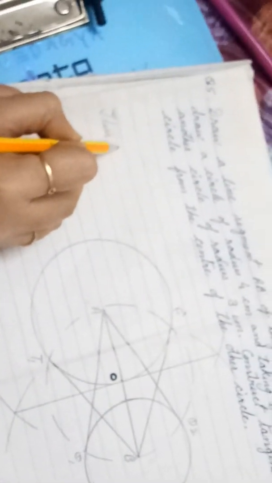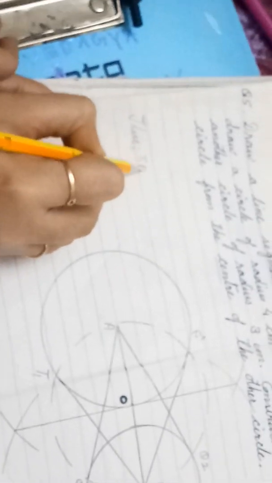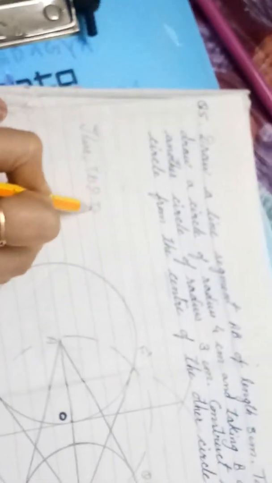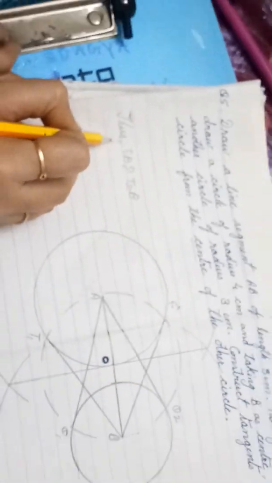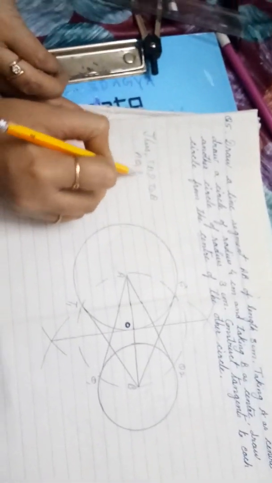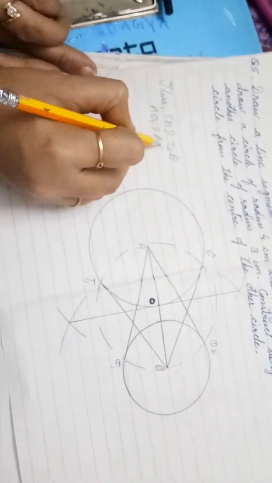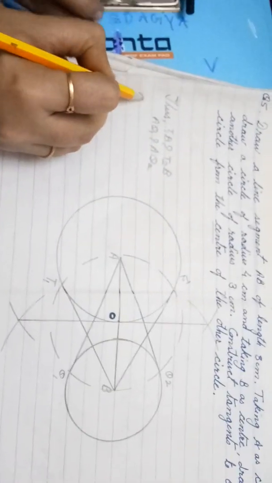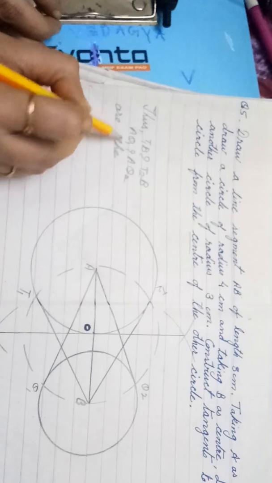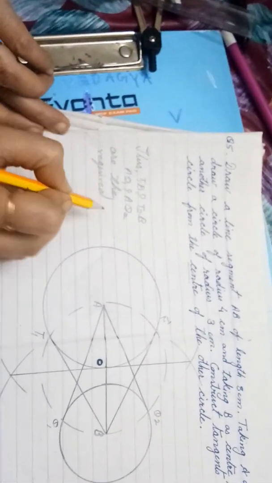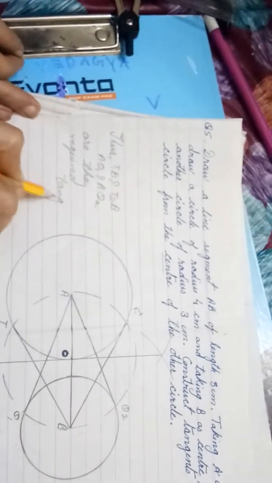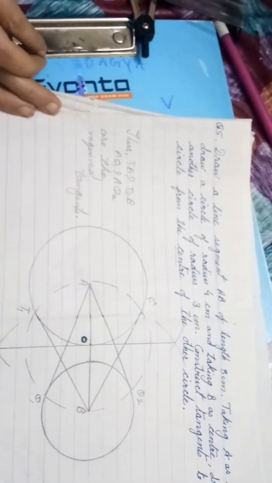Okay, so thus T1B and T2B, or here you will write AQ1 and AQ2 are the required tangents. Clear?